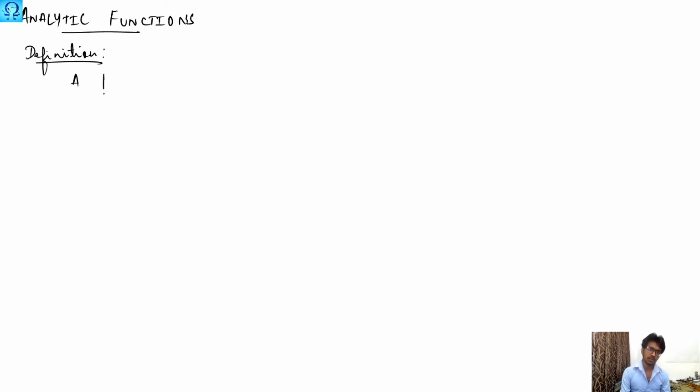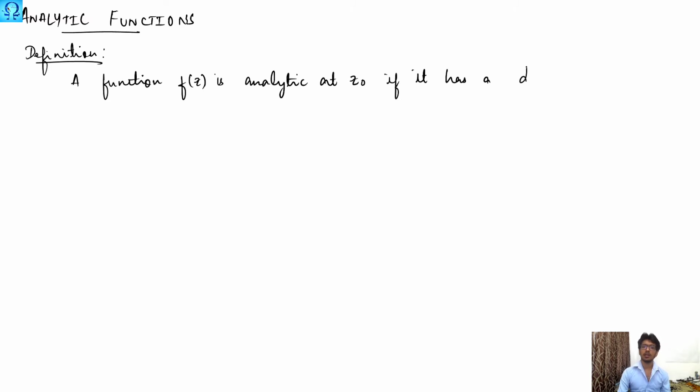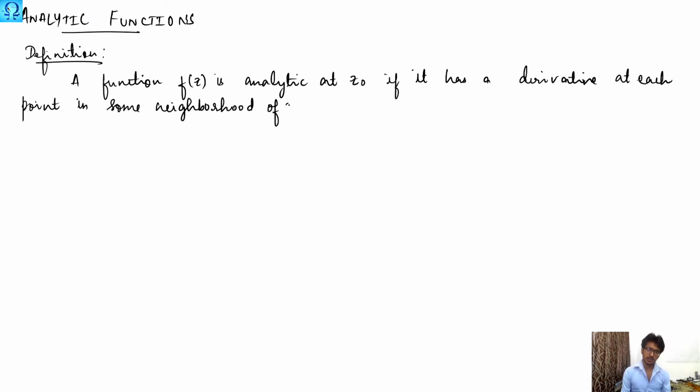A function f of z, a function of a complex variable, is analytic at z naught if it has a derivative at each point in some neighborhood of z naught.